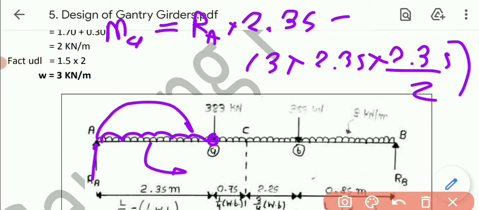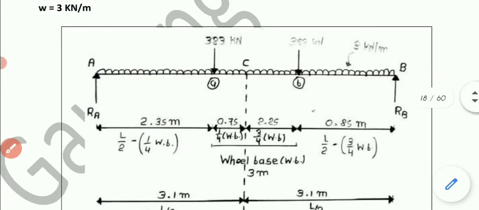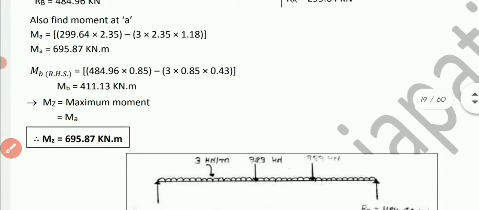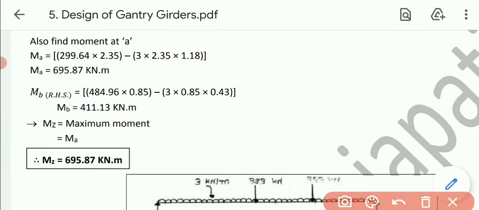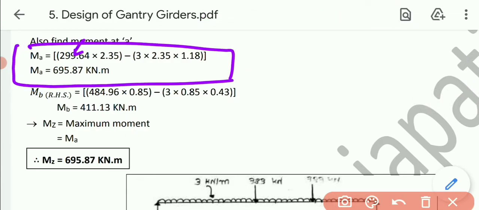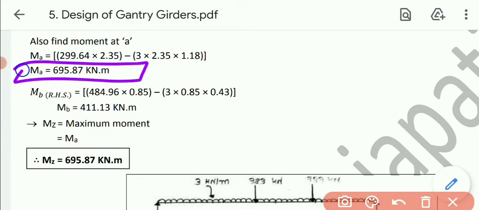So RA, that is 299.64, into 2.35 minus 3 into 2.35 into 2.35 by 2. I got MA, that is 695.87 kilonewton meter. That's the value of MA.